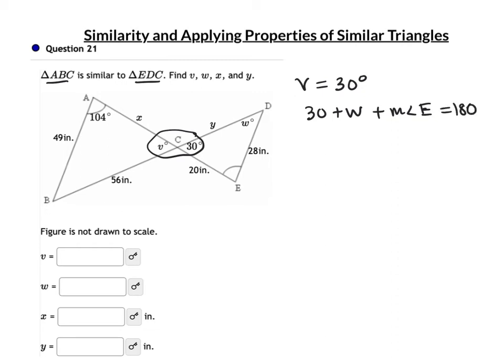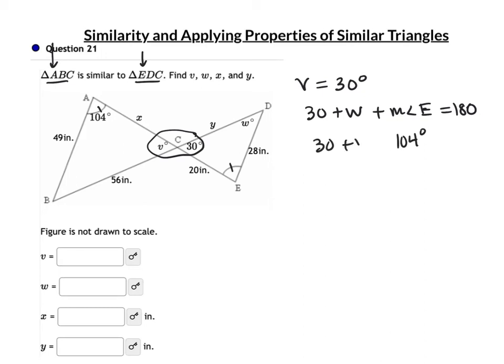What we need then is E. Well, look, E is congruent to A. They've even marked it. And we can tell by looking at the similarity statement. See how E is first and A is first? So I know that E is 104 degrees.